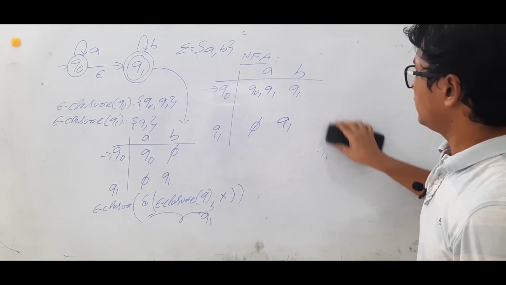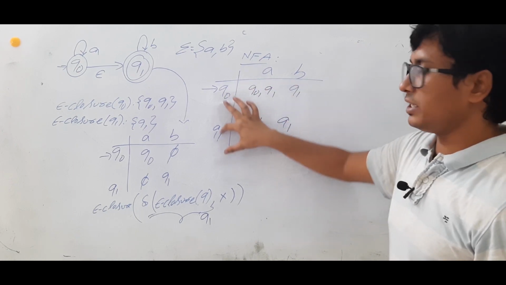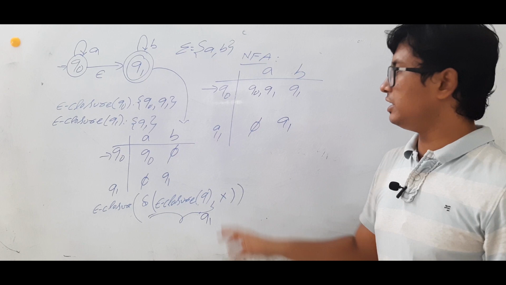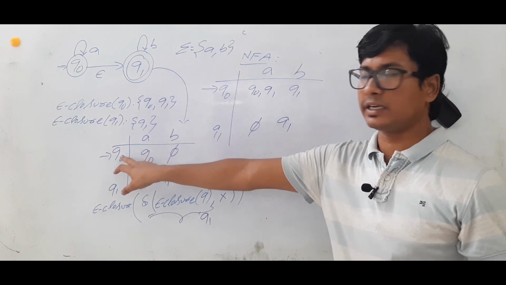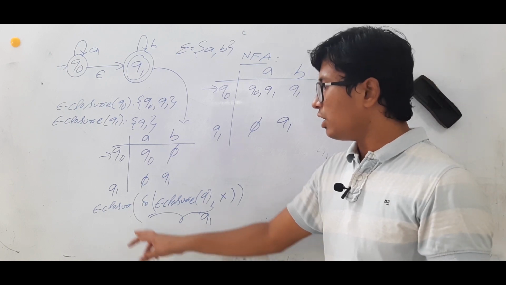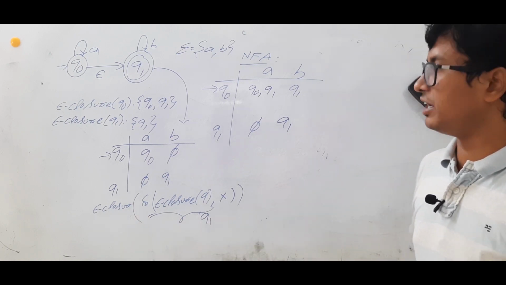Now I got all the states and all the transitions, and I know which is the initial state. Q naught is acting as the initial state here, so Q naught will also act as the initial state in the NFA. Now which states will act as final states?